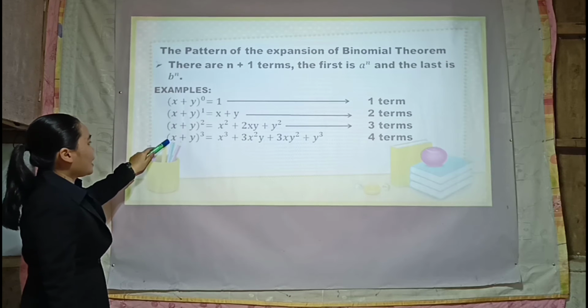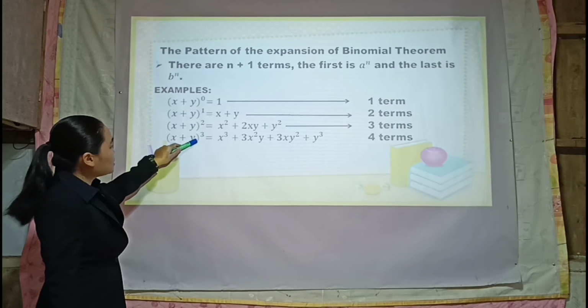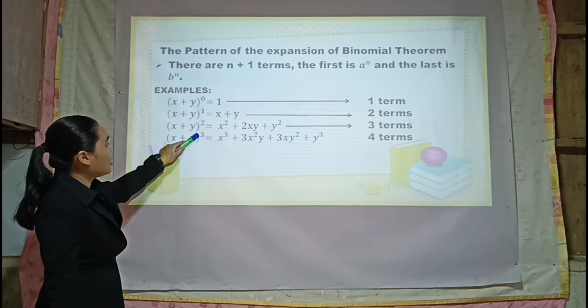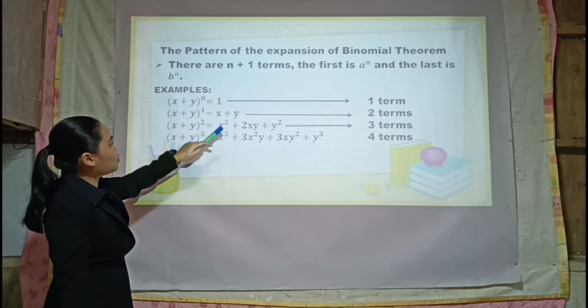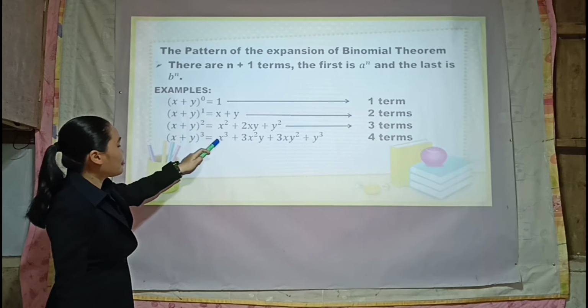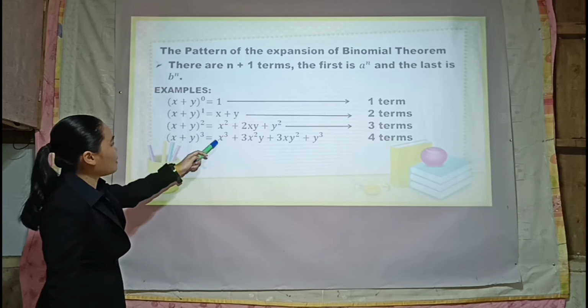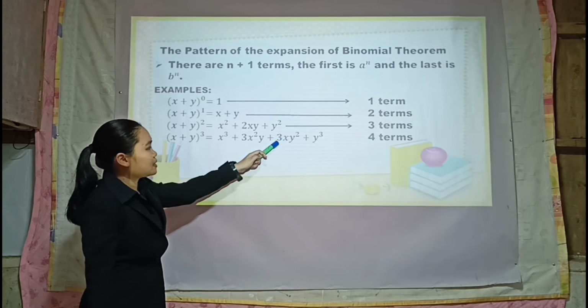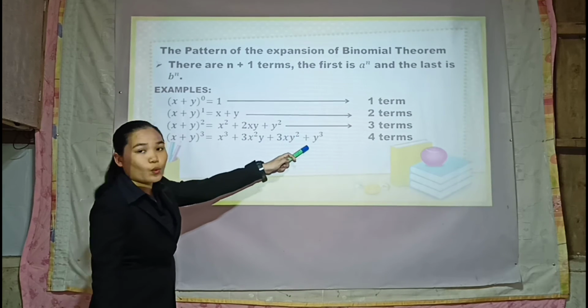Next, we have x plus y cubed. Since the exponent or our n here is 3, so n plus 1 or 3 plus 1, we have 4 terms. So the answer in this expression, we have x cubed plus 3x squared y plus 3xy squared plus y cubed.